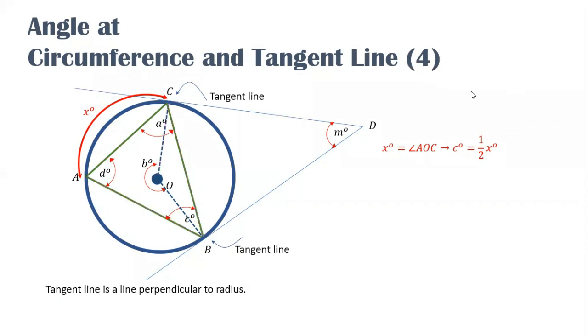Next, we call this one arc angle as well. Arc angle AB is equal to angle at center AOB. Okay, look at the diagram. Arc angle AB equals angle AOB as angle at center.